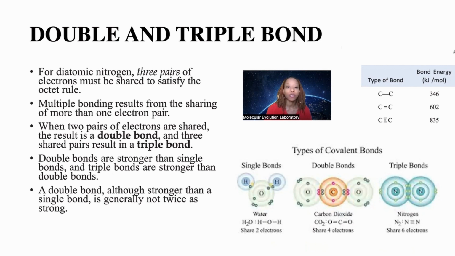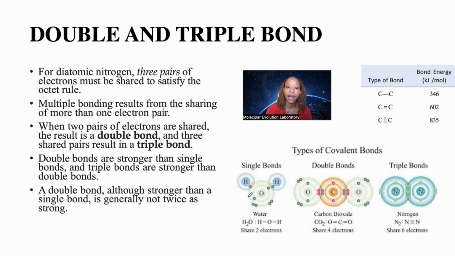Multiple bonding results from sharing more than 1 electron pair. When 2 pairs of electrons are shared, the result is a double bond, and 3 shared pairs result in a triple bond. Double bonds are stronger than single bonds, and triple bonds are stronger than double bonds. A double bond, although stronger than a single bond, is generally not twice as strong.